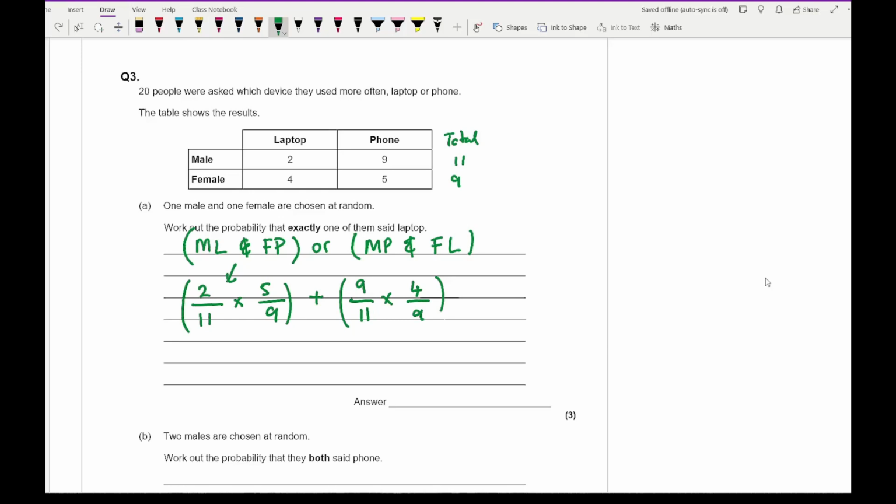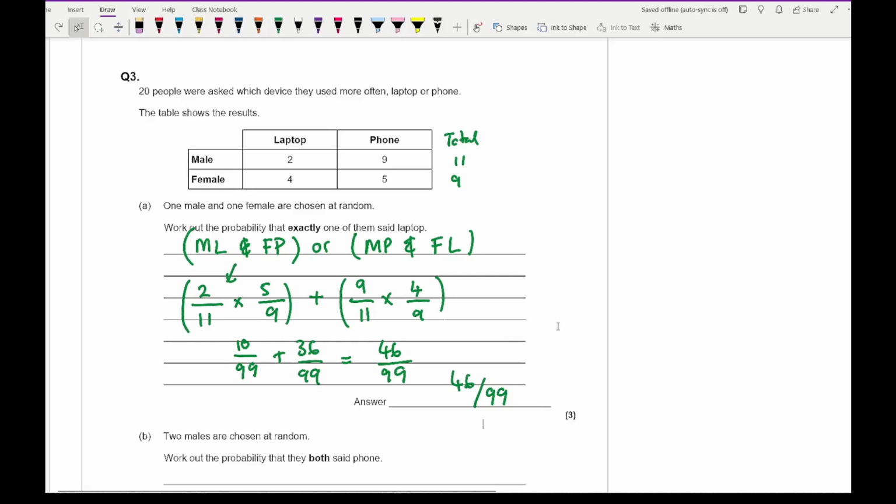So if I then work this out by multiplying the numerators together, I get 10 over 99 plus 36 over 99, and then I've just got to add the numerators together, so that's 46 over 99. Does that simplify? I don't think it does, so my answer is just going to be 46 over 99.